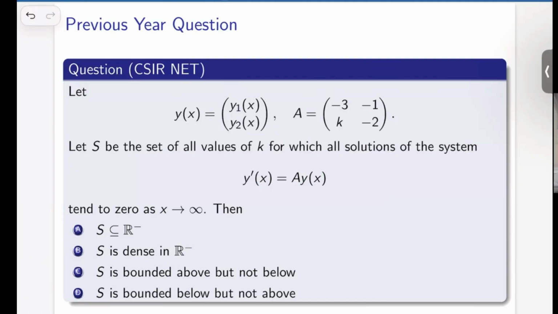The question is, if we have our system y'(x) = Ay, where the coefficient matrix is [-3, -1; k, -2], such that the solution tends to 0 as x tends to infinity, then what can we say about the set S, where S is the set of all values of k? I hope the question is clear to everyone.